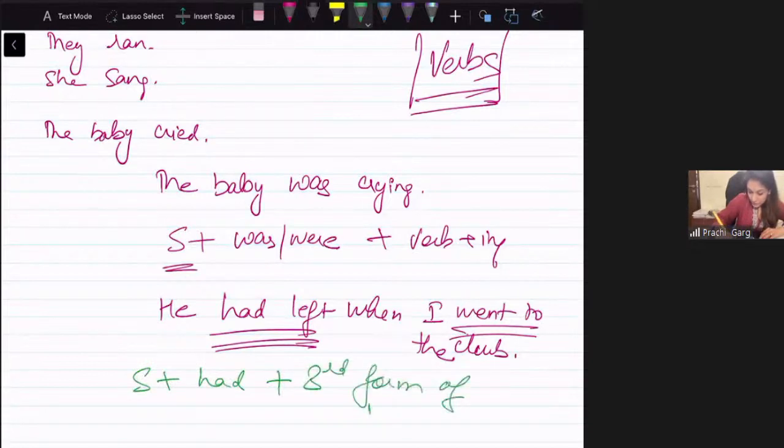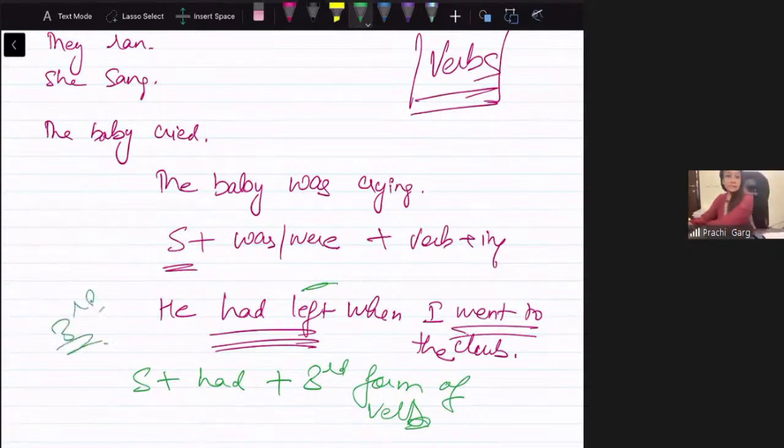I told you whenever we are talking about the perfect tense, whether it's present, past, or future perfect, we will always use the third form of the verb. Third form. Clear? Yes.